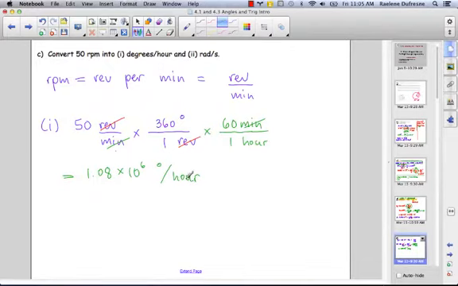We can take the same quantity and convert it into radians per second. I think I would rather work with 50 RPM than 1.08 times 10 to the 6 degrees per hour.